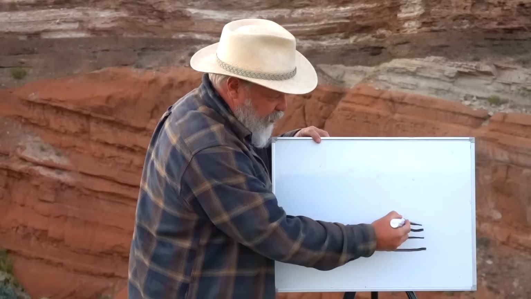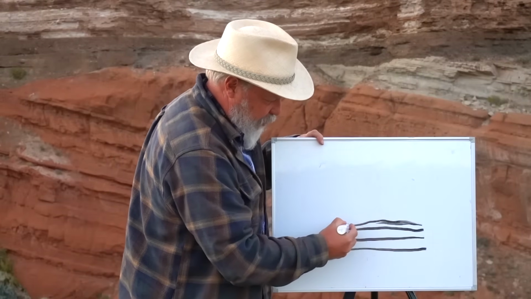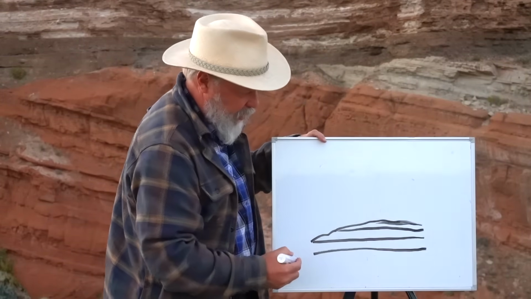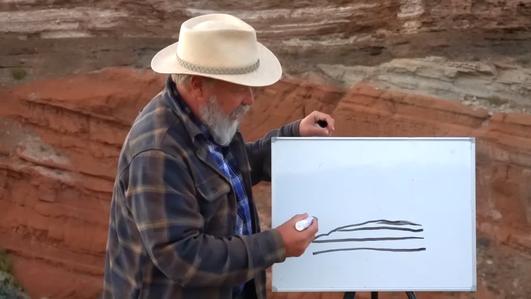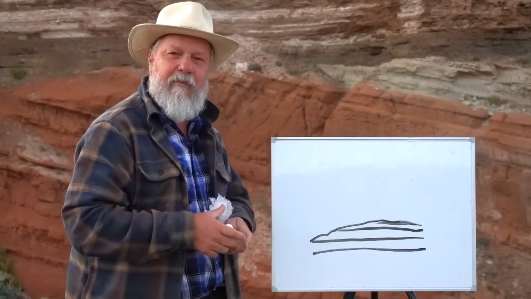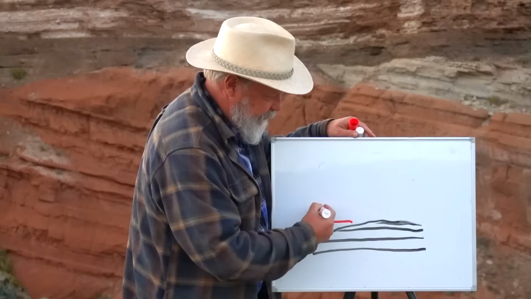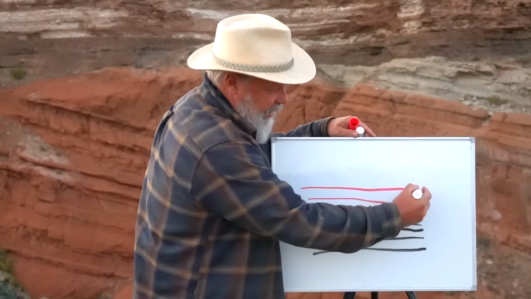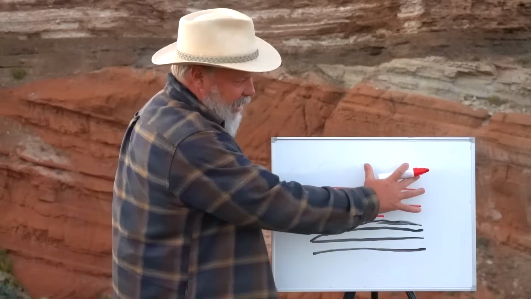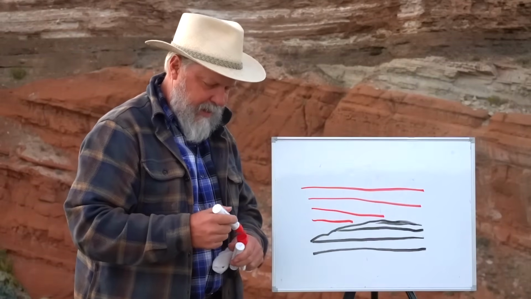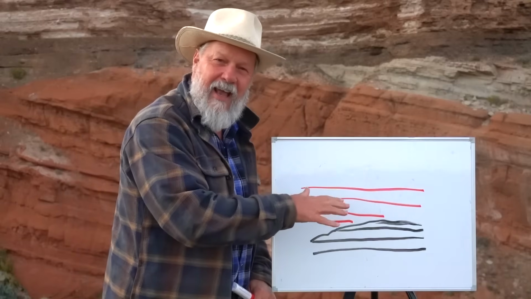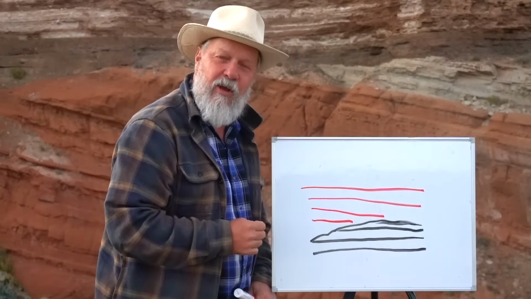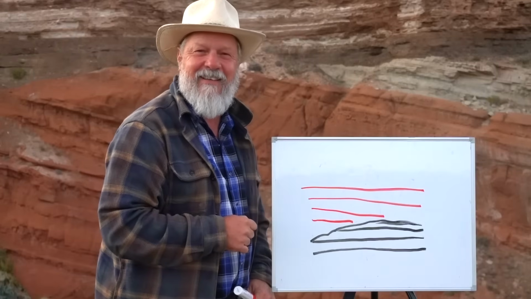Now there's a new surface of erosion like this, okay? And then new layers, which I'll put in red, and it goes on again, okay? And then we can have erosion again. But each time there is erosion and then deposition on top of it, we have an unconformity.